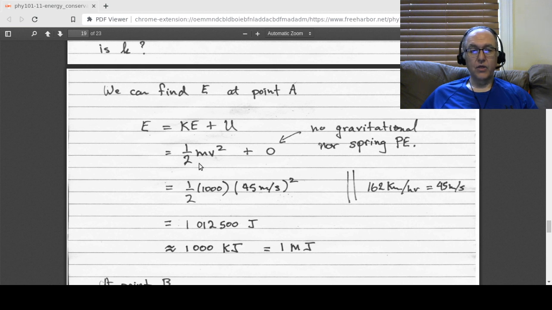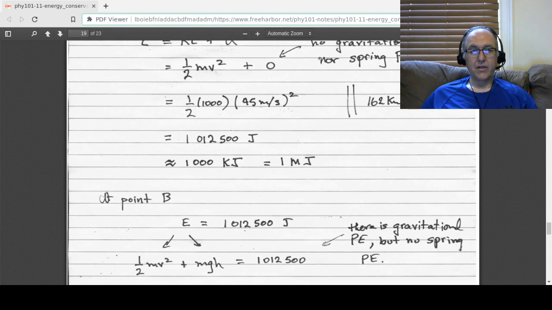So the total energy is all kinetic, and plugging in the numbers, m is 1,000, v is 45 meters per second, and you get that the total energy of the car is 1,012,500 joules. That's roughly 1,000 kilojoules, if I move the decimal over 3, or 1 megajoule.